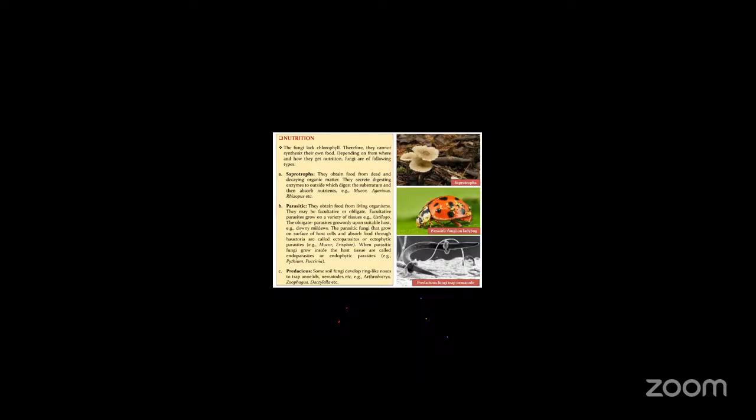Next one is the symbiotic conditions. So there is a mutualistic relationship with another organism, where both are benefited. Here there are lichens and mycorrhiza; both are symbiotic relations. So what are lichens here?